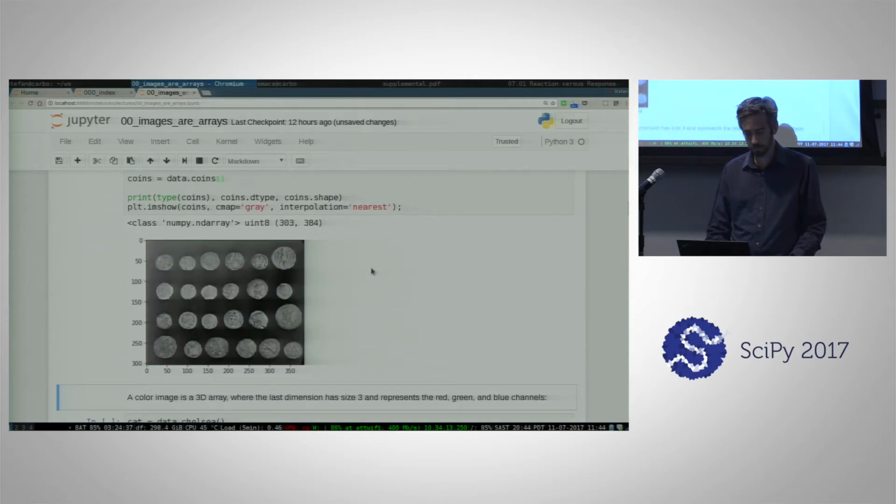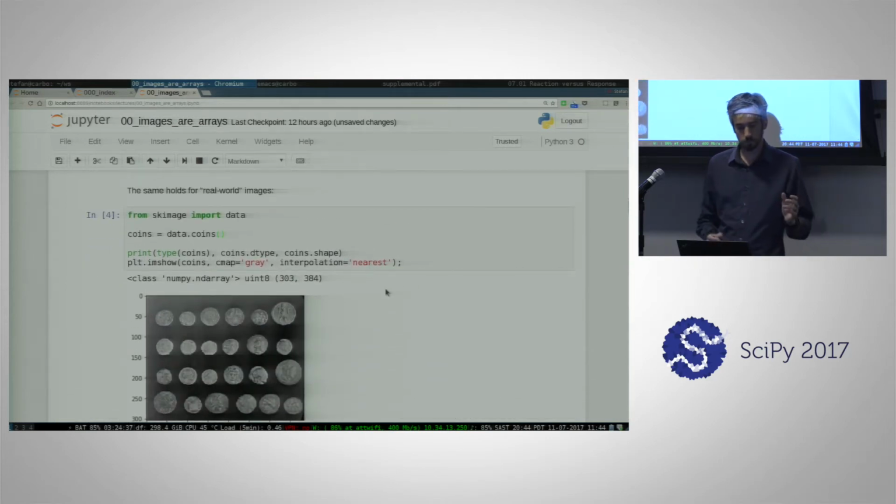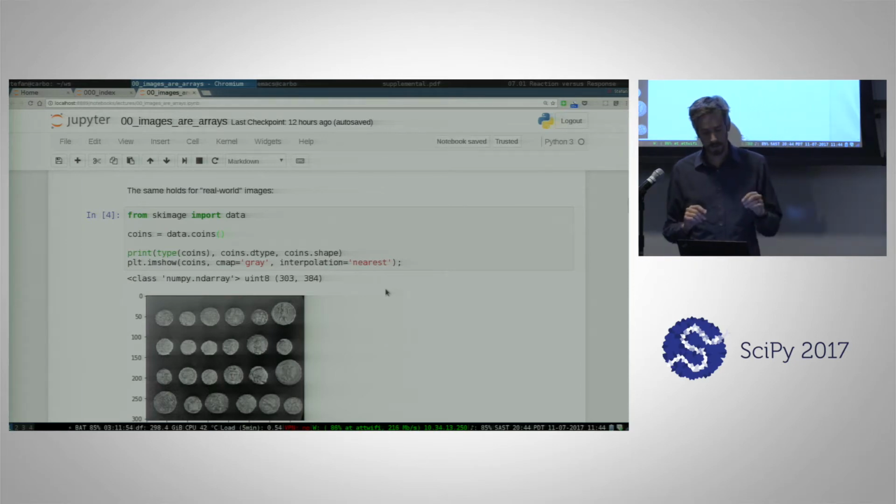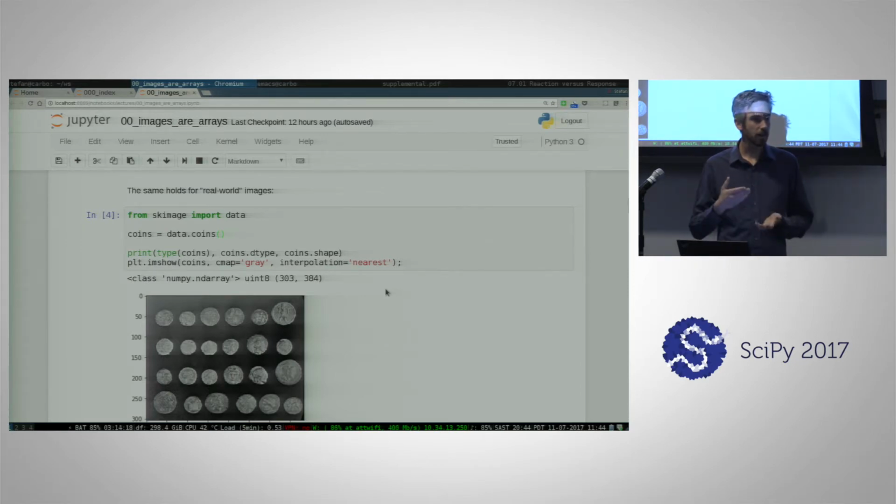So you can see that the coins image is just a NumPy array. Its data type in this case is unsigned integers 8-bit wide, so that would be numbers from 0 to 255. And the shape of the array is 300 something by 300 something.